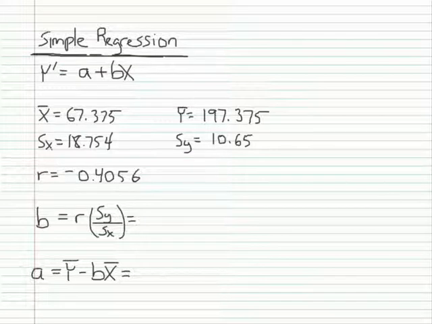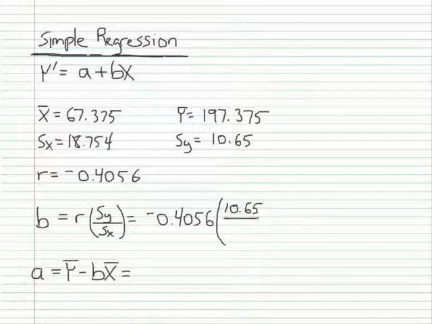To get the slope coefficient, we simply need the correlation, negative 0.4056, and the ratio of the two standard deviations, 10.65 and 18.754.